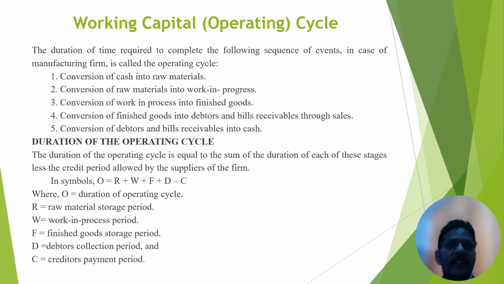So let's start with the working capital cycle. It is also known as the operating cycle. It is the duration of time required to complete the sequence of events. In the case of a manufacturing firm, it is called the operating cycle. Under this cycle, we have different steps.